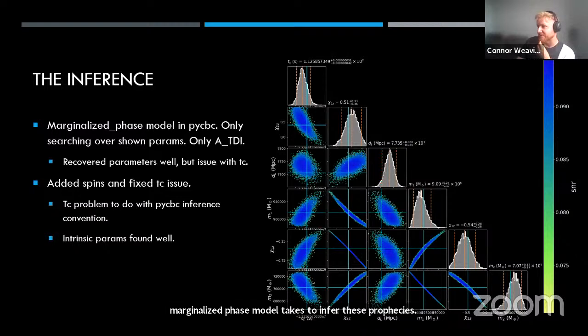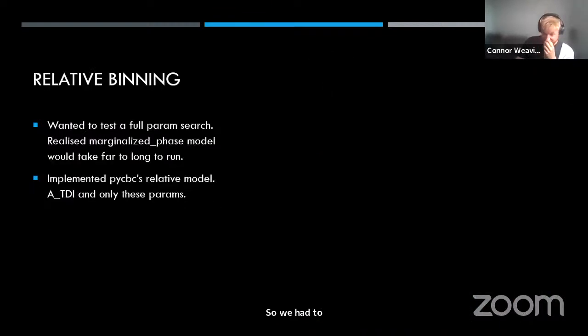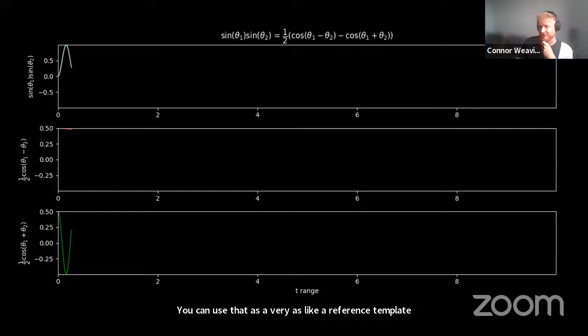So we had to find a different solution here, and we looked to relative binning, which is a way of ensuring that you don't have to compute such a complicated integral more than you need to. So, for example, if you have a very high likelihood template, you can use that as a reference template, right? And relative binning uses what's called heterodyning.